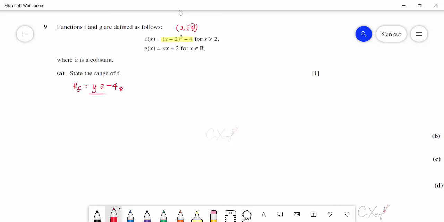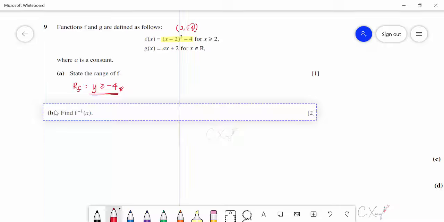You need to know that the function provided here is a quadratic function, and when you sketch it, it is a U shape where the vertex, which is the minimum point, will be at this coordinate. So the smallest value for y is -4, and the range for the function f is y ≥ -4.